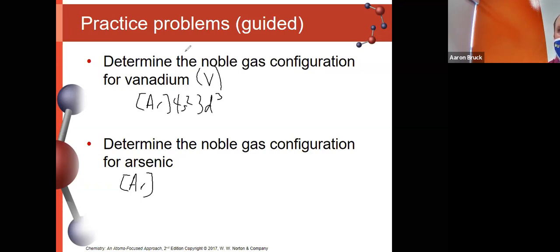Argon is followed by 4s2, the entire 3d block, 3d10, and then arsenic is the 3rd element in that P block, so it is 4p3. The difference between arsenic and argon is a 15 electron difference, and I've accounted for those 15 electrons: 2 in the S, 10 in the D, and 3 in that 4p, that final configuration.